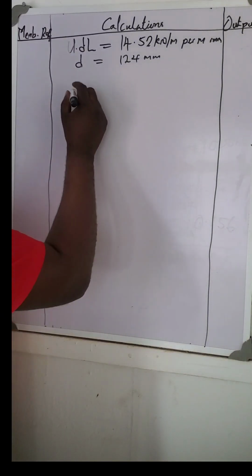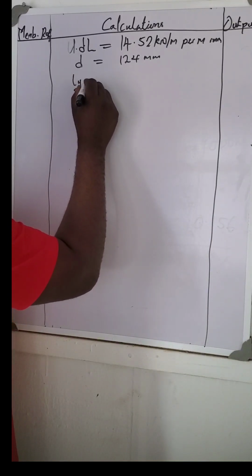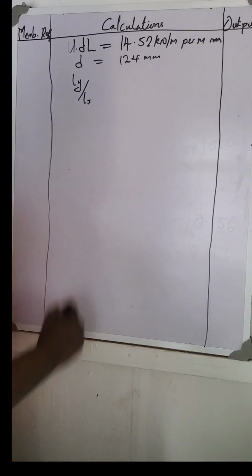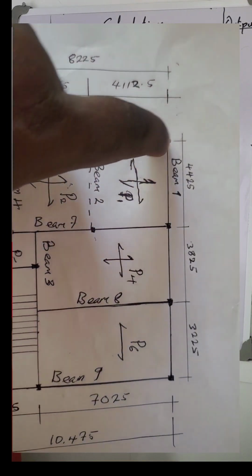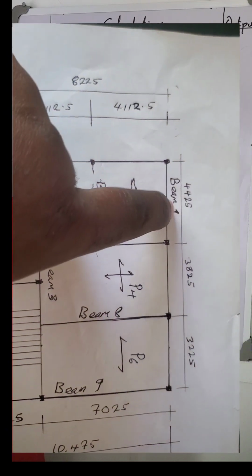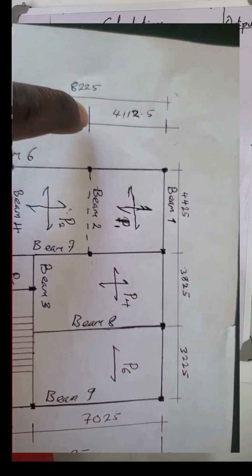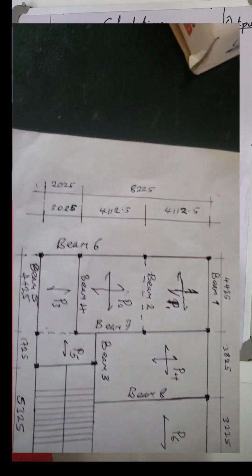And again, from our design, we have that Ly over Lx, that's the ratio now, how to get the bending moment coefficient. We have that Ly is equal to 4425, then Lx 4112.5.